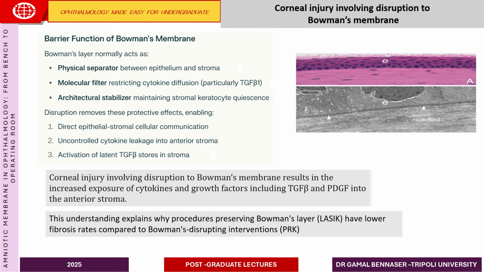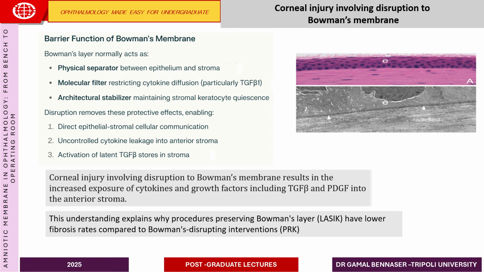Disruption of the Bowman's membrane results in direct contact between the epithelium and the stromal cells, and also diffusion of cytokines and inflammatory mediators inside the stroma, and this leads to activation of the latent transforming growth factor beta, which is stored in the stroma.